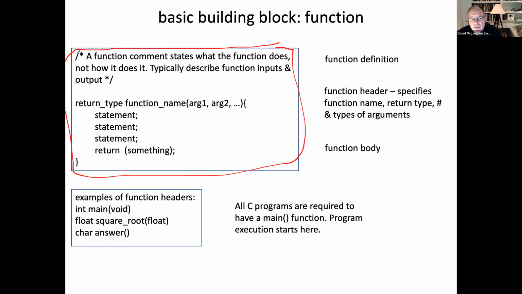You can see I have a forward slash and a star, then my block comment, and then I end it with a star and a slash. That's a comment. That's just there for you and me and the other humans that might look at the code. The compiler ignores it. The machine, the microprocessor, never learns about or cares about this. It's there just to tell any human looking at it what this function does.